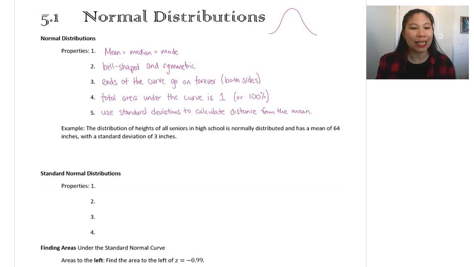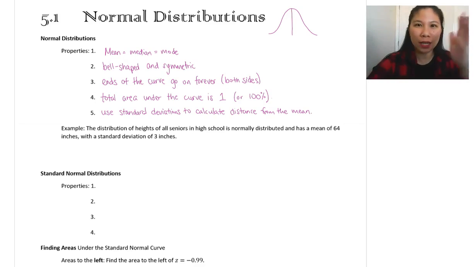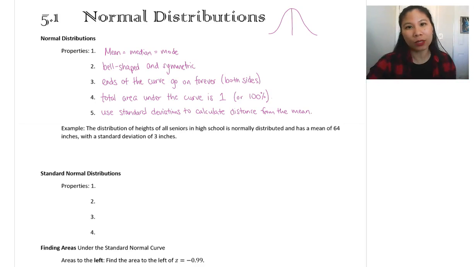The last property is that we're going to be using standard deviations to calculate the distance from the mean. So we're basically saying we're this many standard deviations from the mean. It's kind of like our unit of measurement here. You might remember this because back when we first did normal curves with the empirical rule, we would draw a line down the middle of the normal curve and label it with our mean.